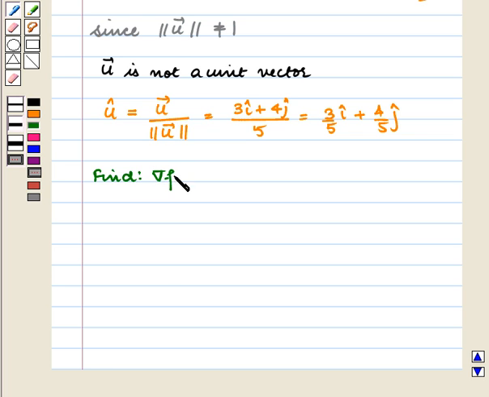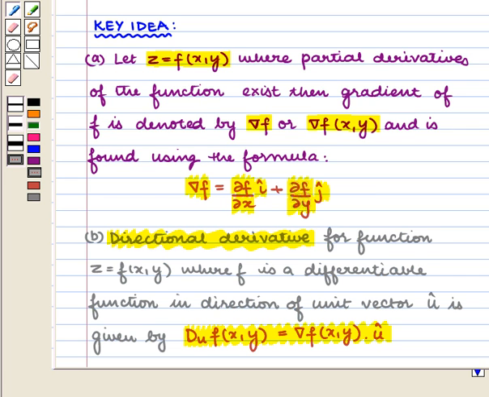Now we find gradient of f of x, y. From the key idea, we know that gradient of f is equal to del f by del x i cap plus del f by del y j cap. So we differentiate f partially with respect to x and y.